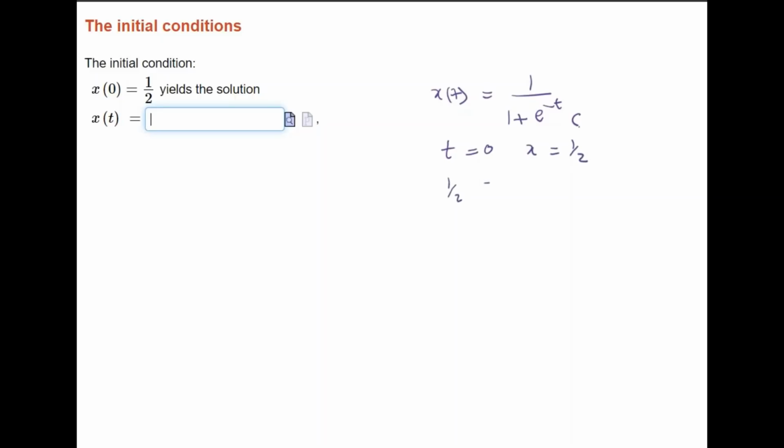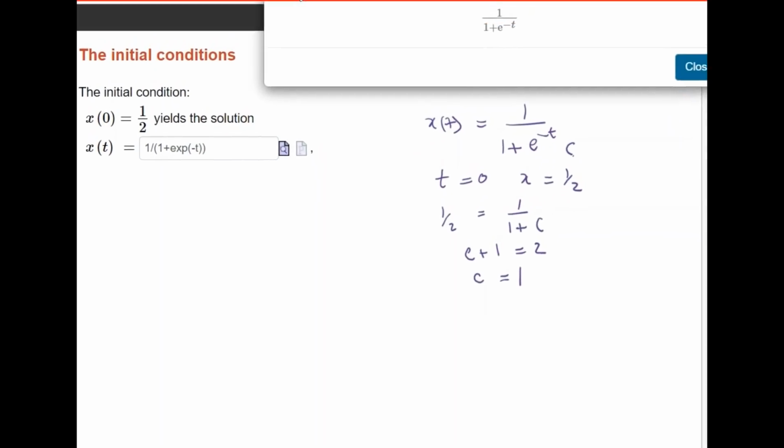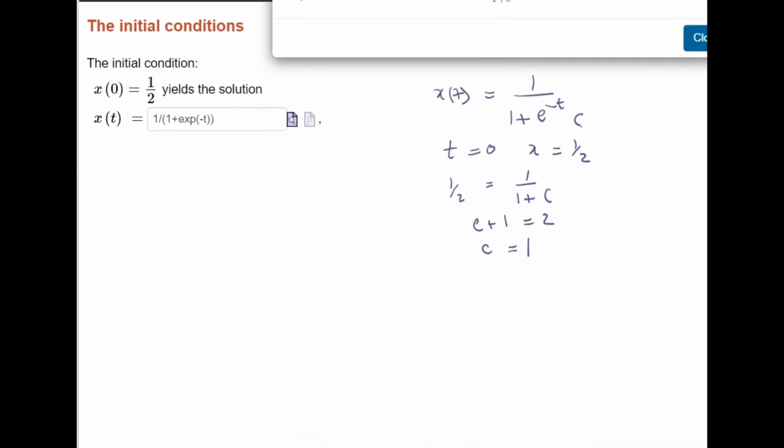We see that when x is 1 over 2 and t is 0, we get the equation 1 over 2 equals 1 over 1 plus c, which means that c should be equal to 1. Now we insert the value of c into the original equation, and we see that the solution turns out to be 1 over 1 plus e to the minus t.